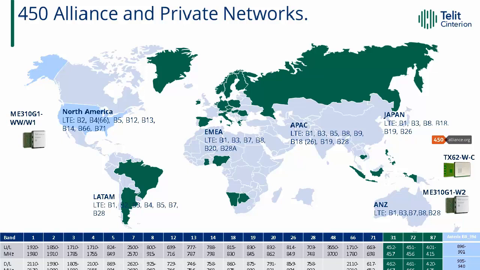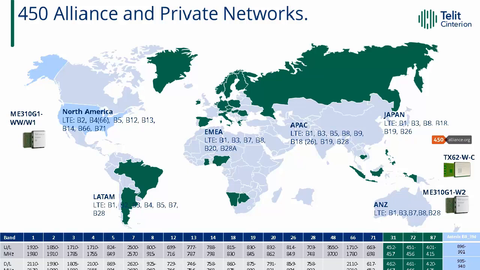Telit Cinterion is an active member of the 450 Alliance, and this 450 spectrum is convenient for utilities to deploy their own private network. And I've just highlighted on this map regions with deployed networks in this spectrum. It's not exhaustive. There's other proofs of concept and trials, generally for utility use cases and public safety use cases too.